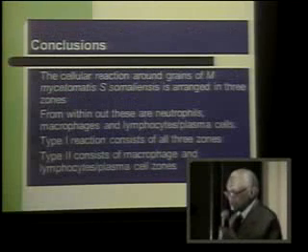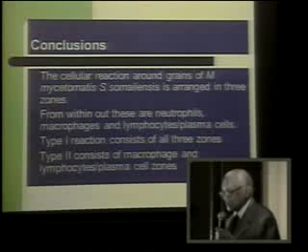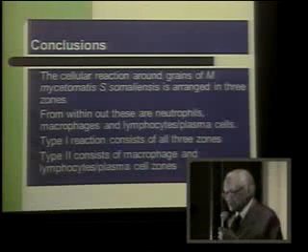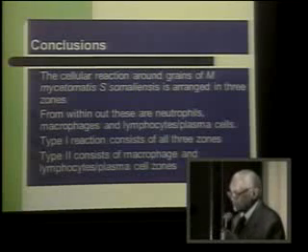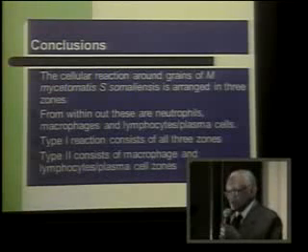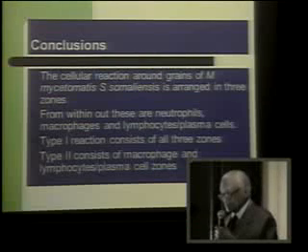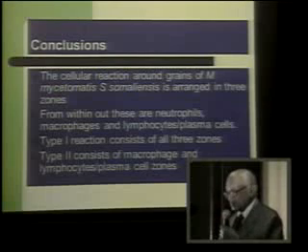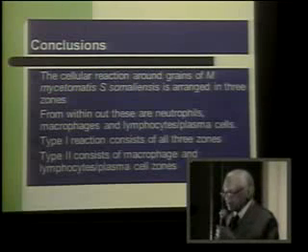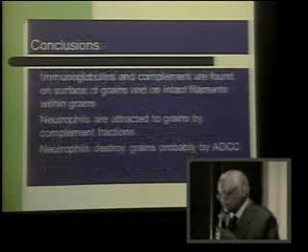So in conclusion, the cellular reaction around the grains of Mycetomatis and somaliensis is arranged in 3 zones. From within out, these are neutrophils, macrophages, lymphocytes, and plasma cells. Type 1 reaction consists of all 3 zones. Type 2 consists of macrophages, lymphocytes, and plasma cells.